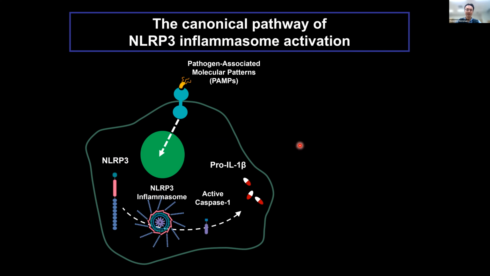The assembly of the NLRP3 inflammasome activates caspase-1 by self-cleavage, and this active caspase-1 cleaves pro-IL-1 beta to mature IL-1 beta, which is released to the extracellular space and induces strong inflammation.